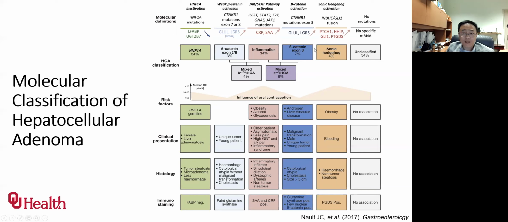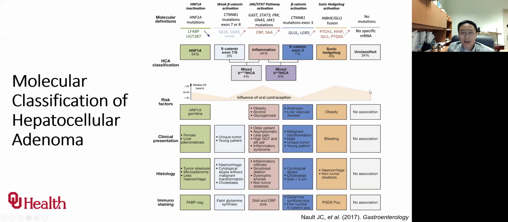It's important to know that the beta-catenin exon 3 mutated hepatocellular adenoma has a risk of malignant transformation. It can become a hepatocellular carcinoma. Also, the beta-catenin exon 7, 8 mutated HCA does not have a significantly increased malignant transformation rate, and it's usually in young patients.